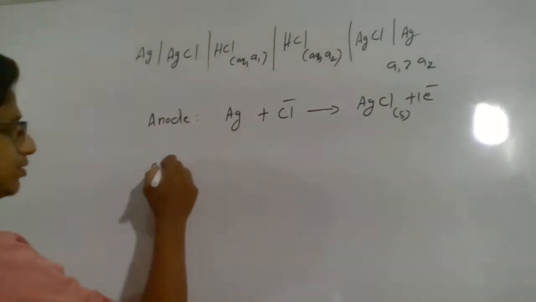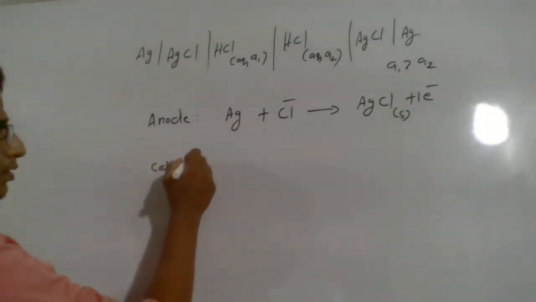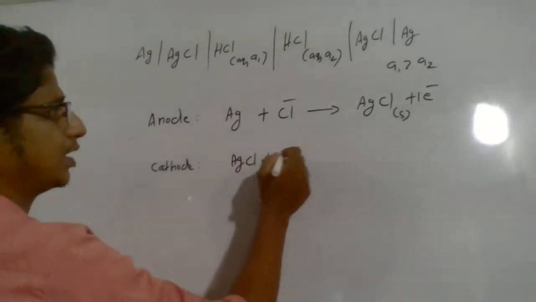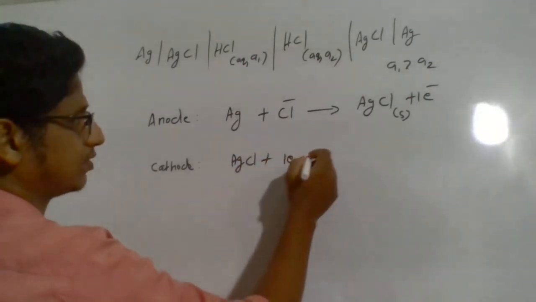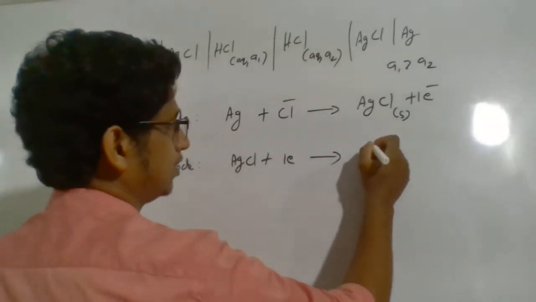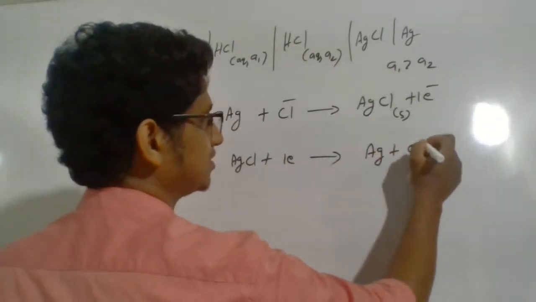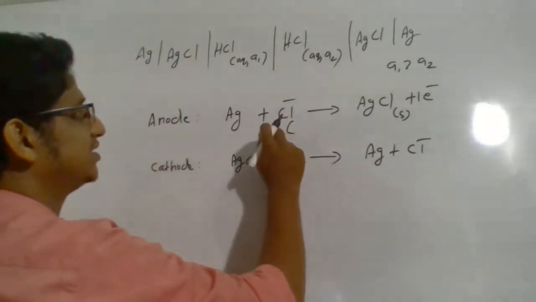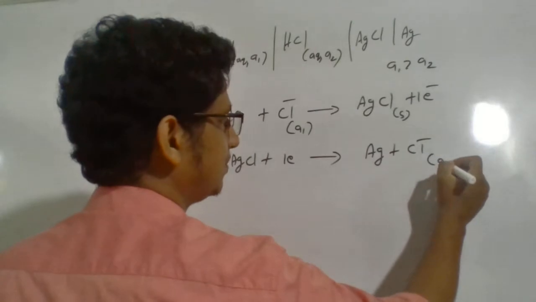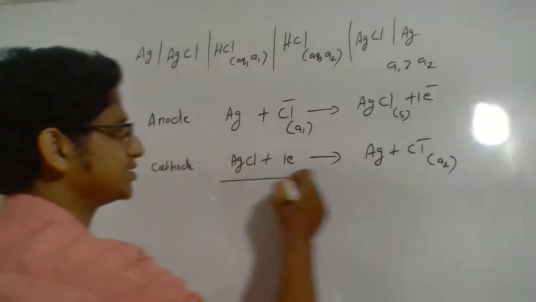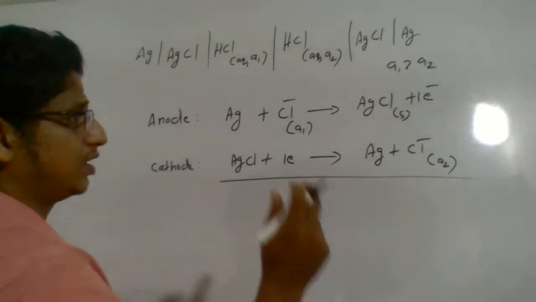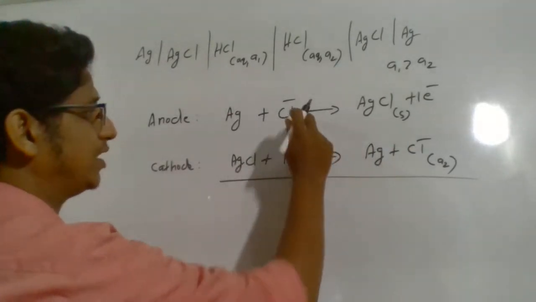Similarly, at the cathode, this AgCl combines with the electron to give Ag plus Cl minus. So here Cl minus is at concentration A1, here Cl minus concentration will be A2. So this is the difference. This silver electrode, in which the electrodes are reversible with respect to the anion.